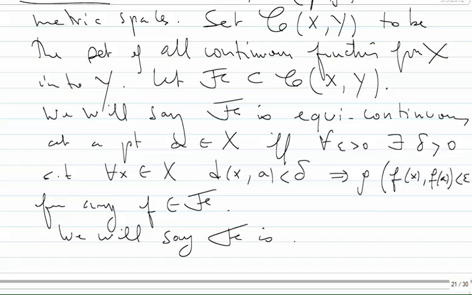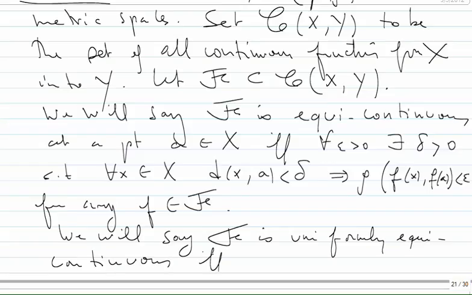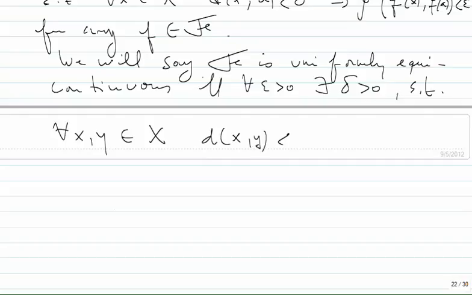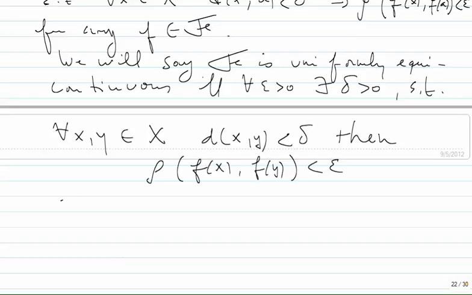We say F is uniformly equicontinuous if and only if for every epsilon there exists delta, but this time independent of the point A, such that for every x and y in X with distance from x to y less than delta, the distance from f(x) to f(y) is less than epsilon for any f in F.